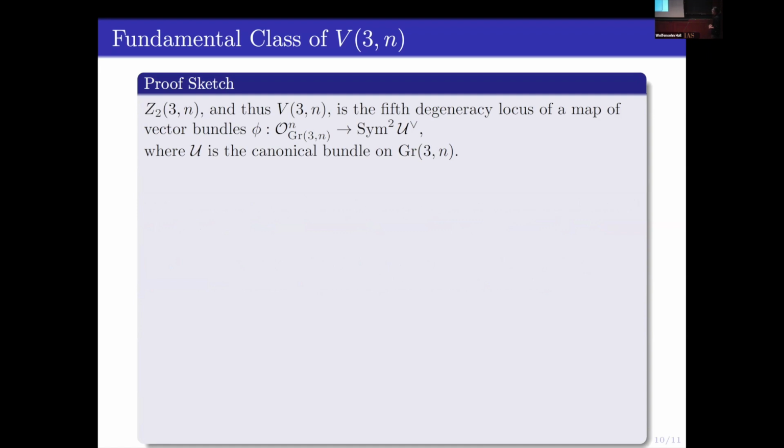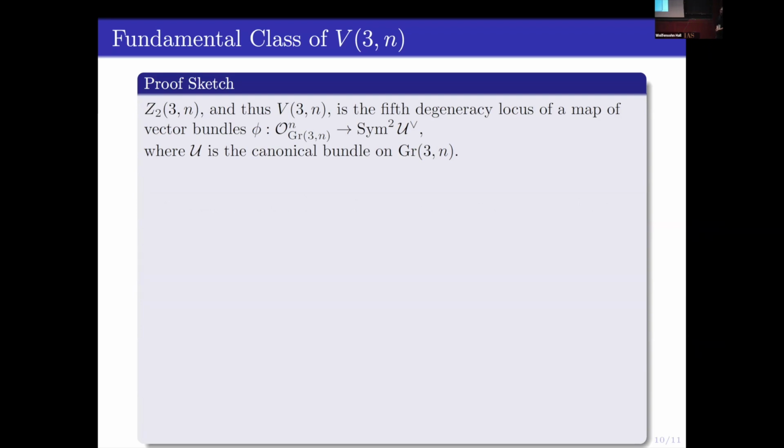Are you asking whether those two bundles are globally generated? Yes. So we have the trivial bundle, and we have the second symmetric power of the dual canonical bundle.